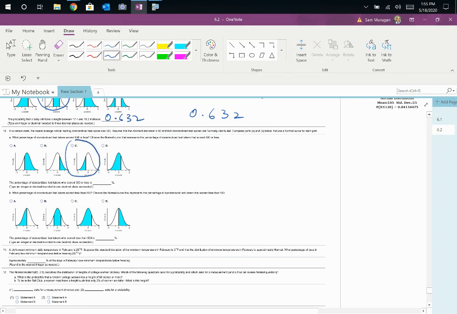You can put that into the StatCrunch program as mean is 533, standard deviation 50, 500 or less. Let's put that into our StatCrunch program really quickly.